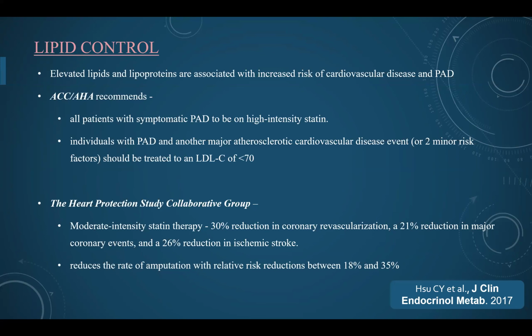Another study by the Heart Protection Study Collaborative Group suggested that moderate intensity statin therapy reduced major coronary events and gave a 26% reduction in ischemic stroke. And this statin also reduced the rate of amputation with relative risk reductions between 18 and 35%.